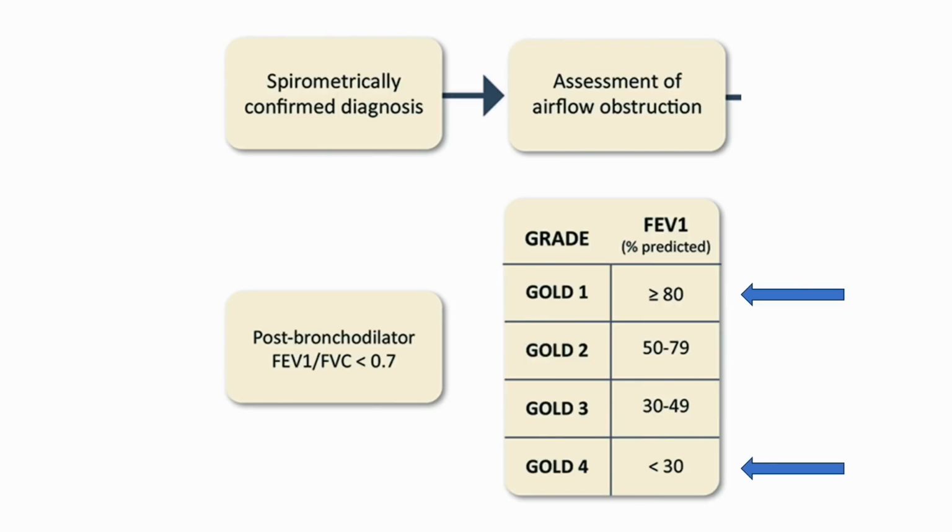The GOLD guideline uses FEV1% predicted, as shown in the picture, to identify the severity of airflow obstruction in COPD. The patient may have a mild airflow obstruction, characterized as an FEV1 of more than 80%, to a very severe lung obstruction, characterized as an FEV1 of less than 30% of predicted.